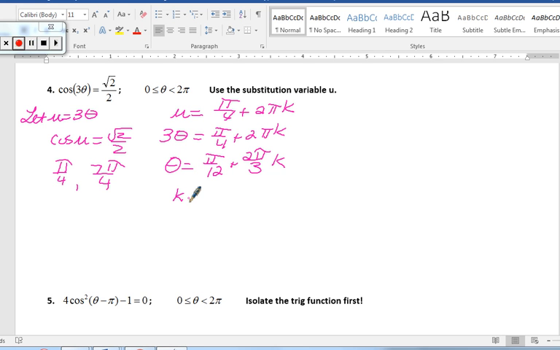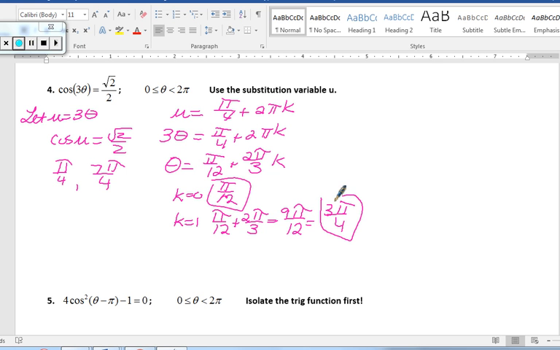If k is equal to 0, this would all drop, and we get the angle pi over 12. If k is equal to 1, our solution would be pi over 12 plus 2 pi over 3. With common denominators, that gets us 9 pi over 12, which reduces to 3 pi over 4.